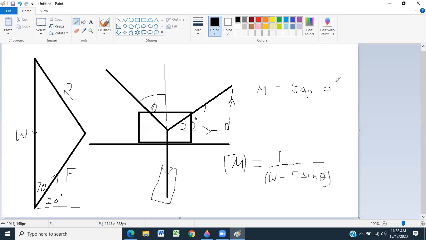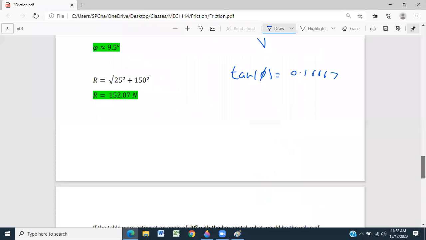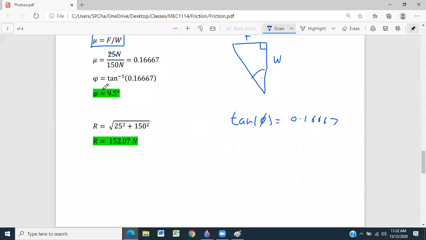Tan of phi. So phi, because again, coefficient of friction is the same. So using phi, finding this angle is 9.5. This is the angle the resultant makes with the vertical, right?